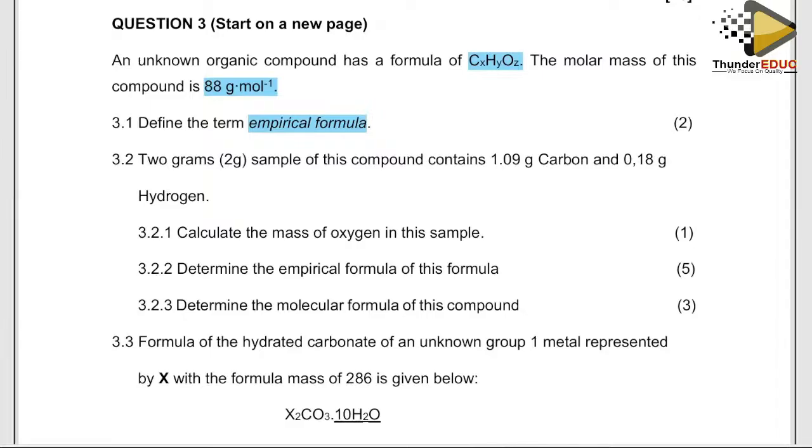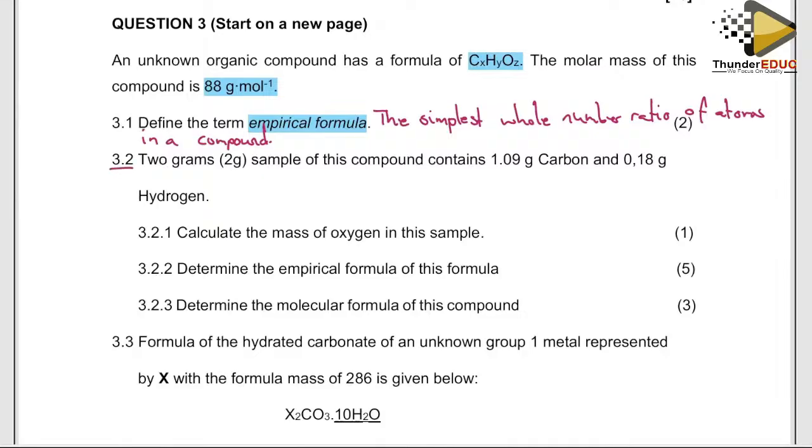So empirical formula is defined as the simplest whole number ratio of atoms in a compound, like that. So this is what you are having in terms of the empirical formula.